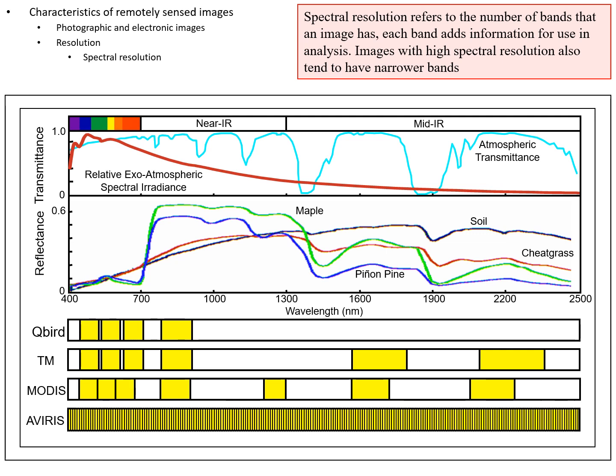You need to think about it in terms of how much energy there is, the exo-atmospheric spectral irradiance, which just means the brightness, that red line, the brightness of the sun's energy as it reaches the top of the atmosphere, i.e. without atmospheric interference. That cyan line, which is atmospheric transmittance, shows where you're going to be able to get good observations of the surface.